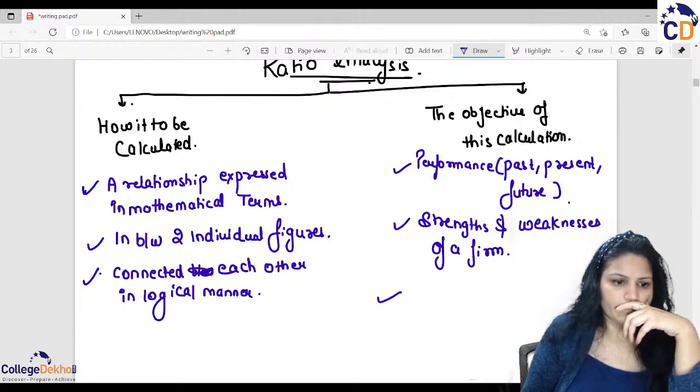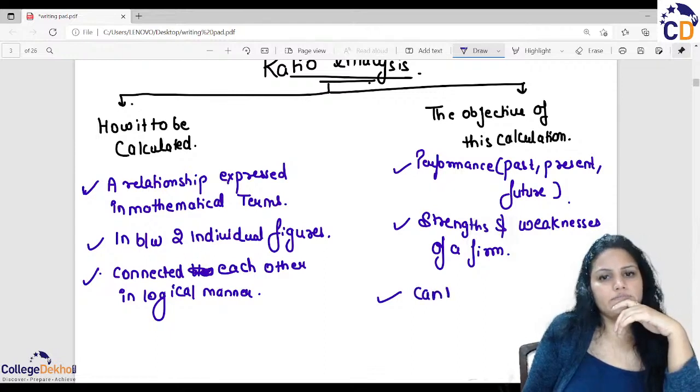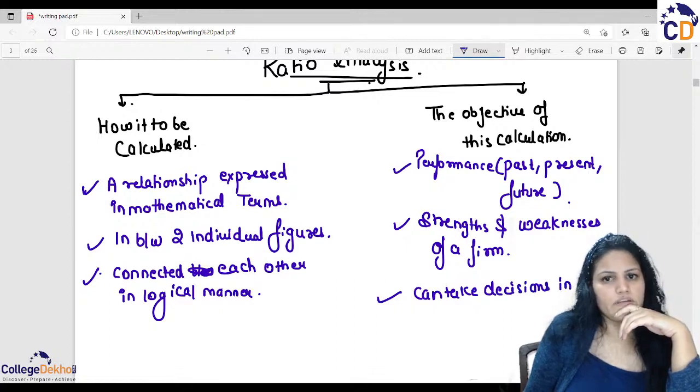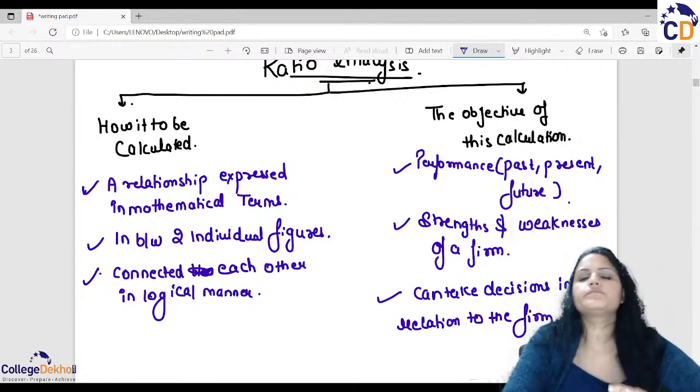And last, can take decisions in relation to the firm.